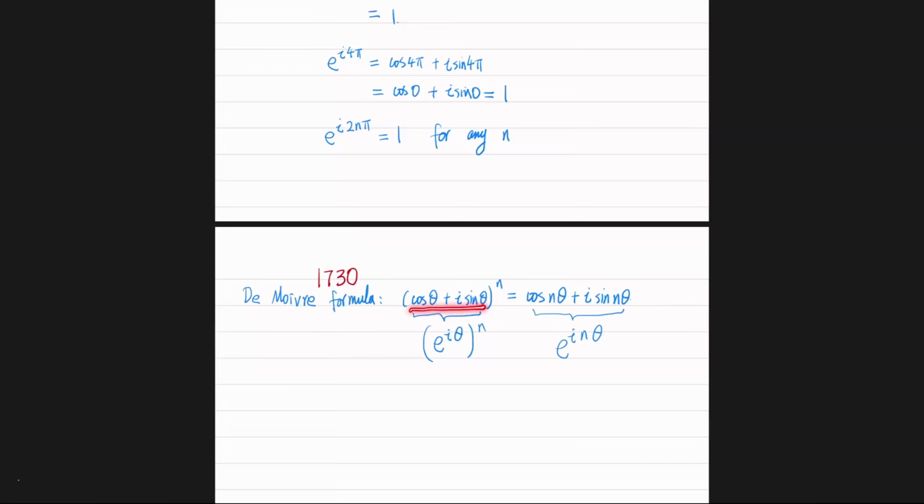So if we apply Euler's formula to this part, we get e^(i theta). If we apply Euler's formula to this part, we get e^(i n theta).